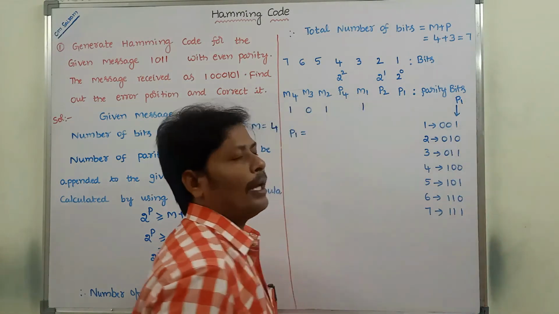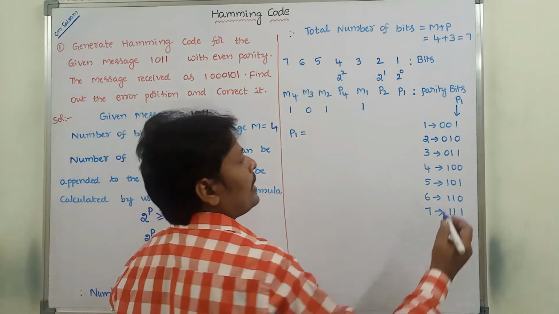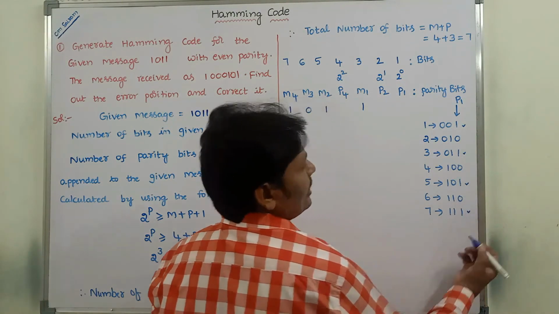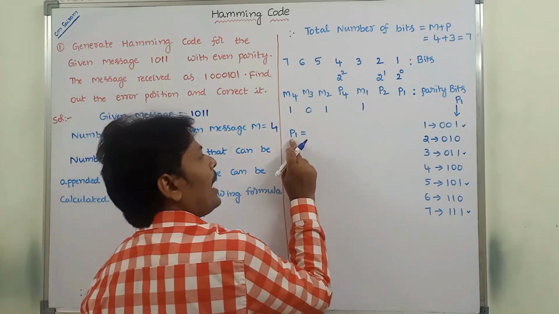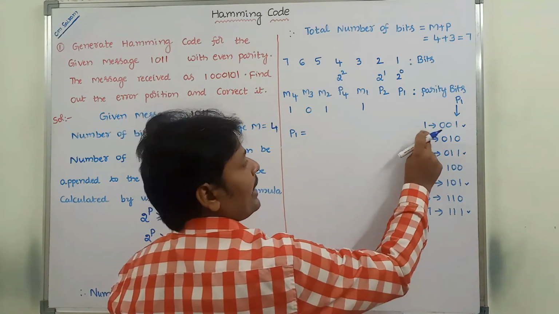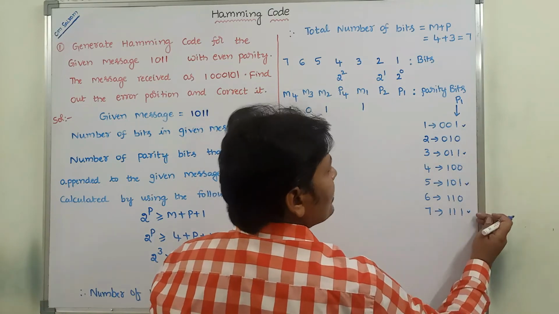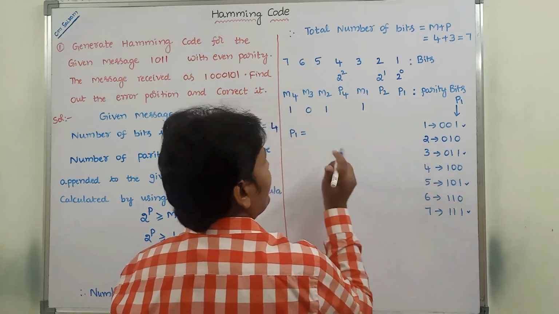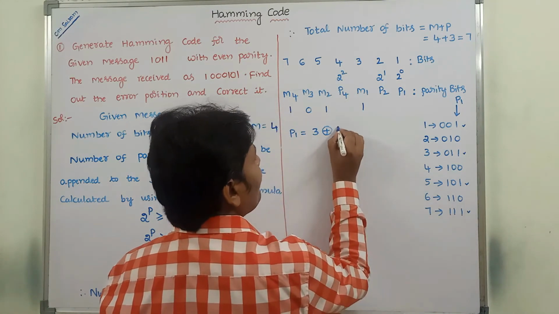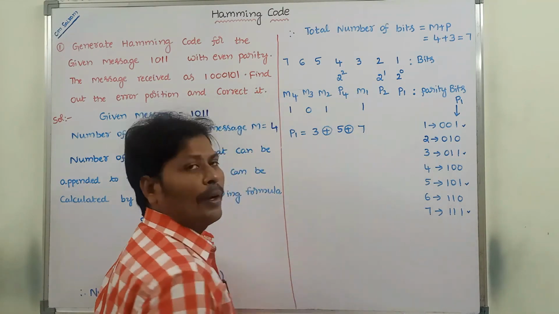In that column, ones are present at these positions. Since we are calculating P1, that position itself is not considered, and the remaining ones are considered: 1 at 3 exclusive OR, 1 at 5 exclusive OR, 1 at 7.